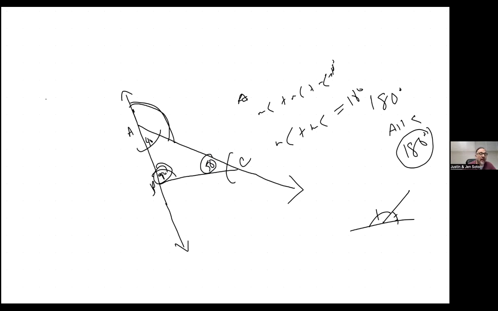These are called, by the way, let me erase everything here and just give you some thoughts as well. These are called the interior angles of a triangle. These are actually called the exterior angles of the triangle as well.